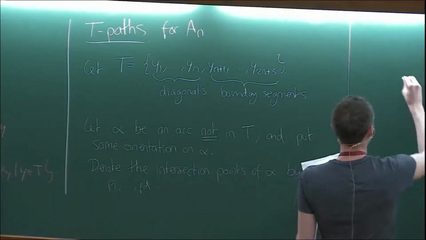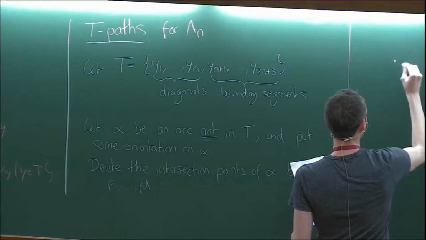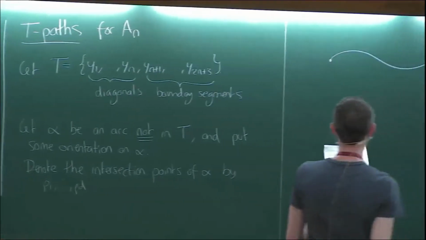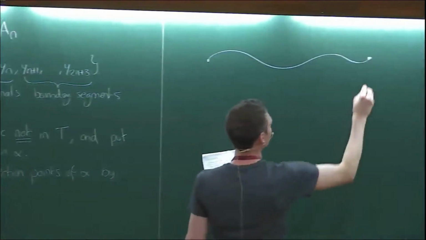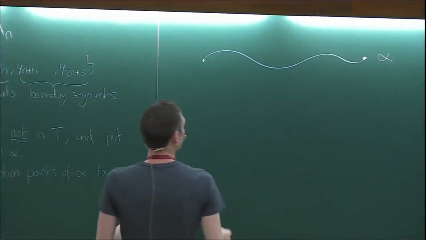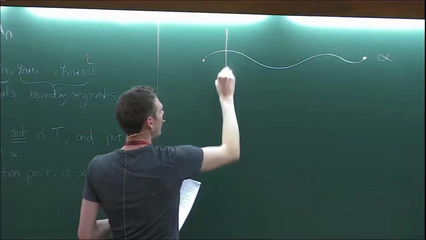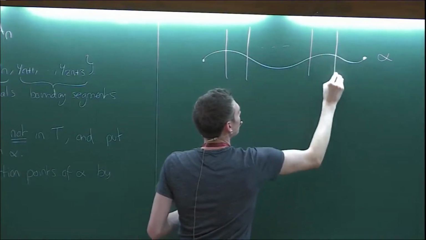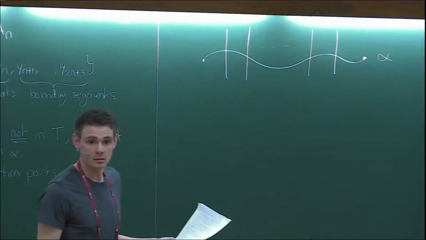Okay, so let's draw the picture we have so far. We have some arc alpha. And then this is in our surface somehow, so it's not in our initial triangulation, so it's going to intersect the arcs in T in some way.